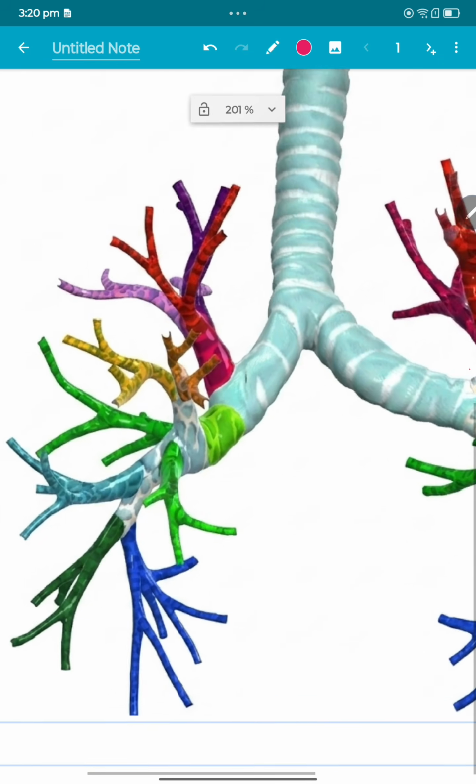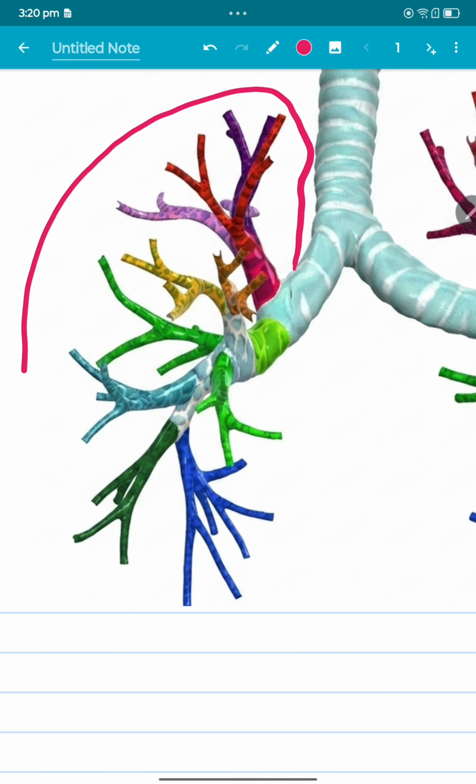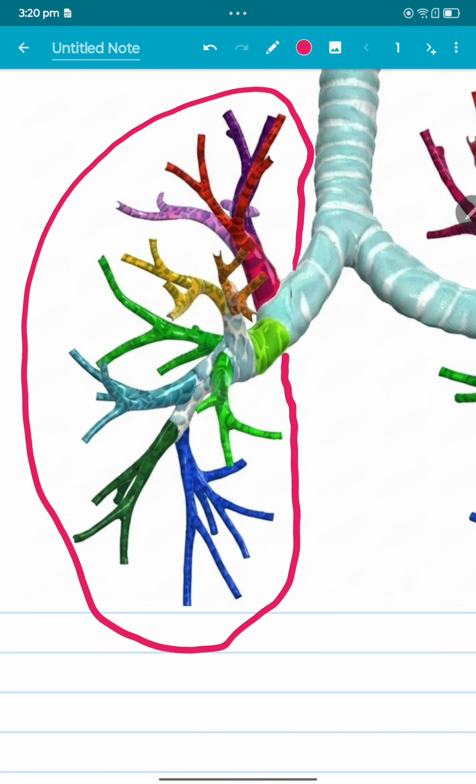We have the right lung on this side, and the left. This is the upper lobe, middle lobe, and lower lobe.